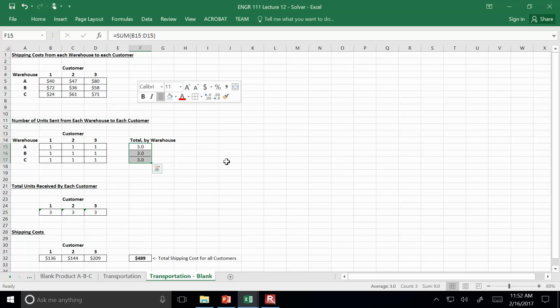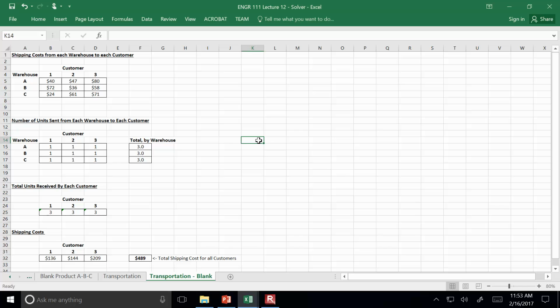And then what we're trying to do, the objective here, as it mentions on the handout, is to minimize the total shipping costs. But there are constraints. Each customer wants to buy 200 items. Warehouse A has 100 available.